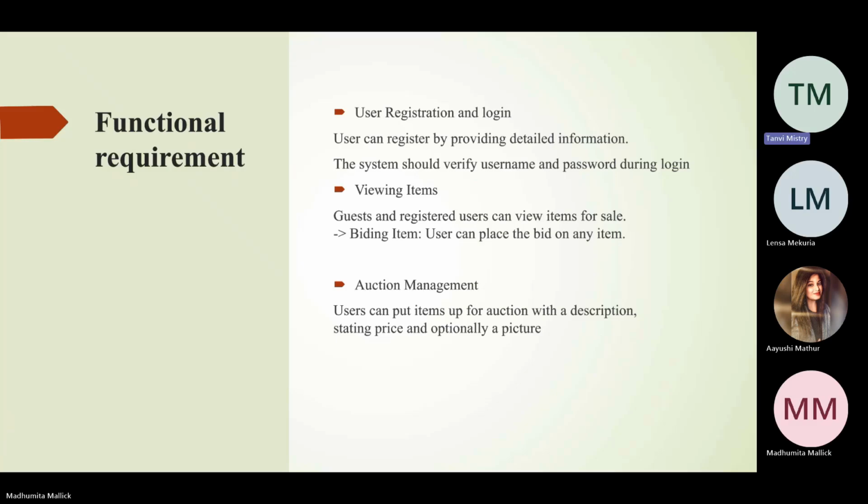View item: guests and registered users can view items for sale. Buy item: users can place a bid on any item. And auction management: a user can put an item up for auction with the description, starting price, and an optional picture.